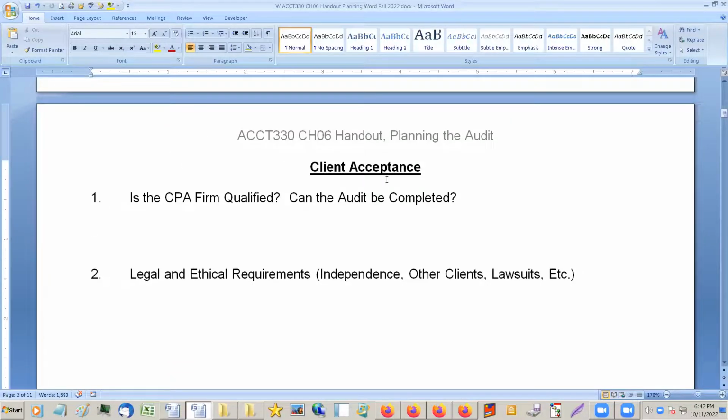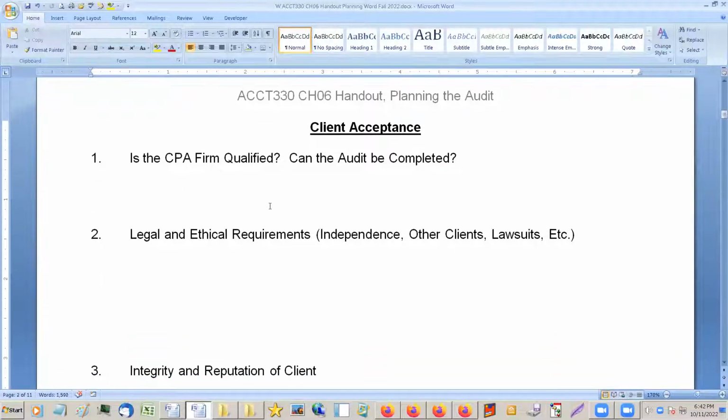Okay. So accepting a client, you don't just accept everybody. You go through some steps. Is the CPA firm qualified? Can the audit be completed? I should actually have those as two separate things.